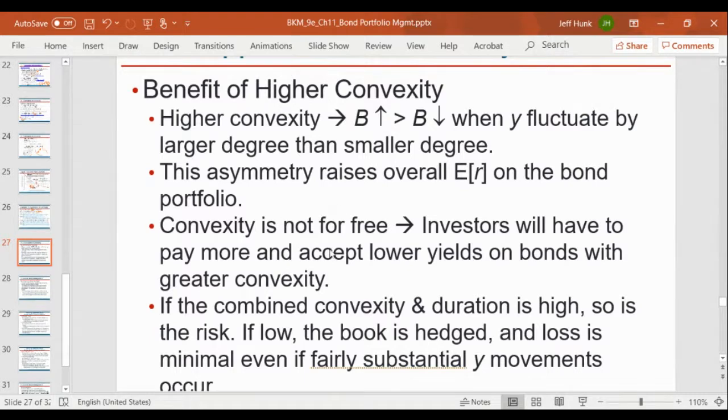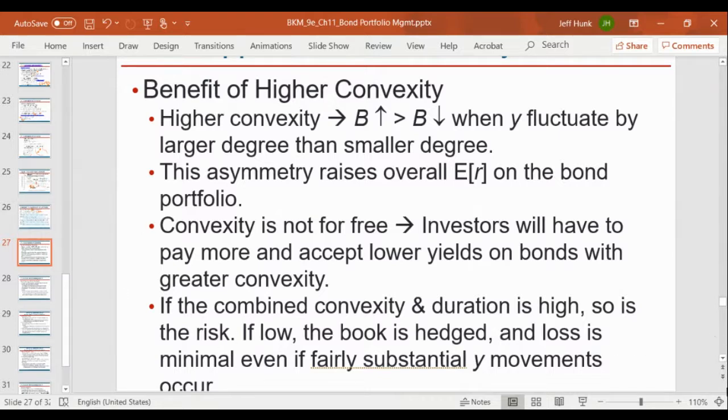Convexity is not for free. Investors will have to pay more and accept lower yields on bonds with greater convexity. So greater convexity means what? More variance, right? More variance is risk. It's riskier. Convexity is not for free because higher convexity means higher risk.